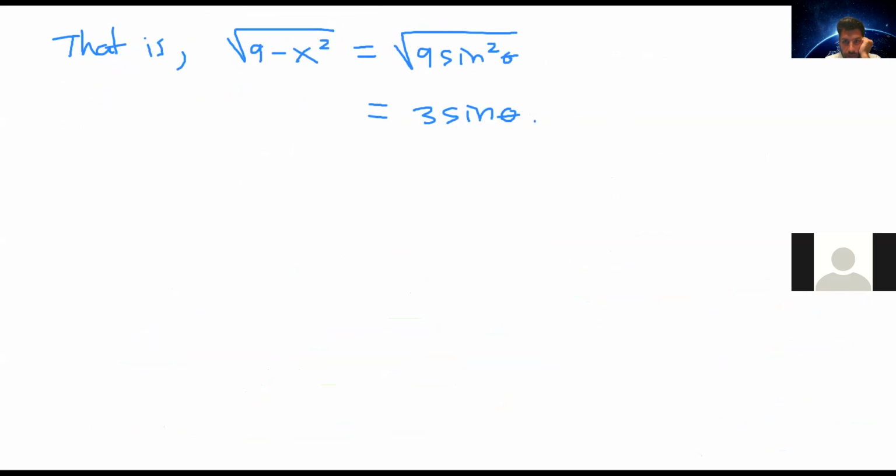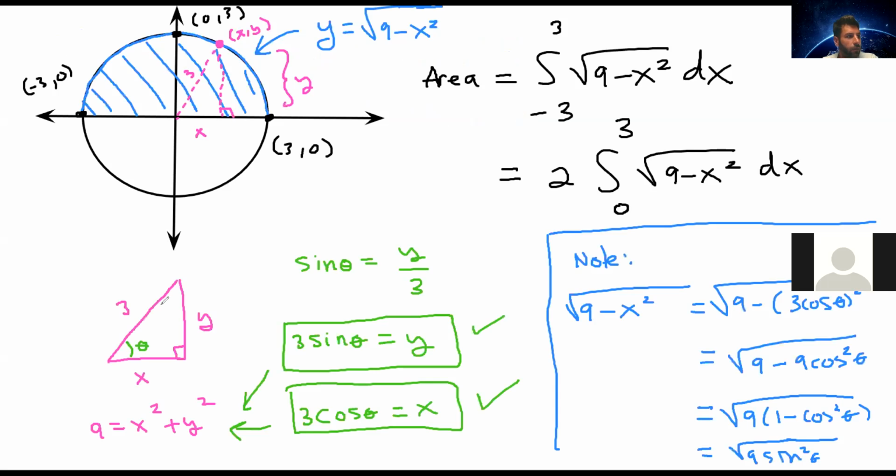Alternatively, I could have done something else. If I go back a page, instead of using that angle, if I would use the other angle right here, then I would have gotten a very similar statement. So alternatively, I could have done the following.